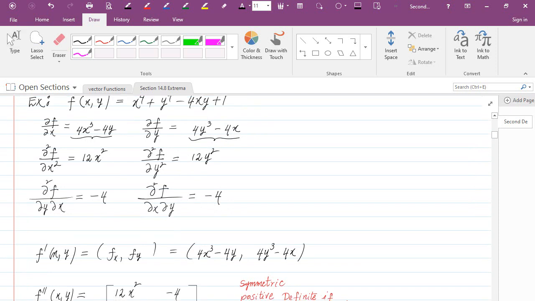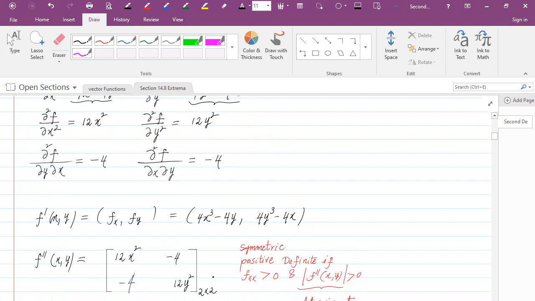So the first order derivative of f would be the vector consisting of the first order partial derivatives. So I have 4x cubed minus 4y here and 4y cubed minus 4x here.